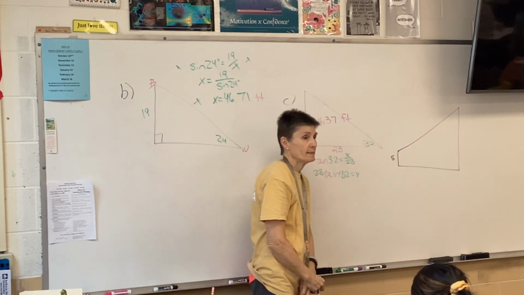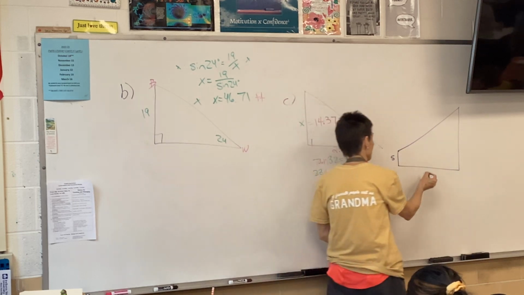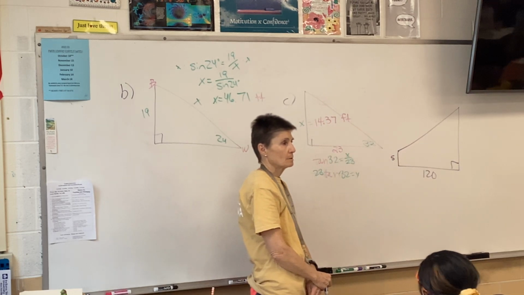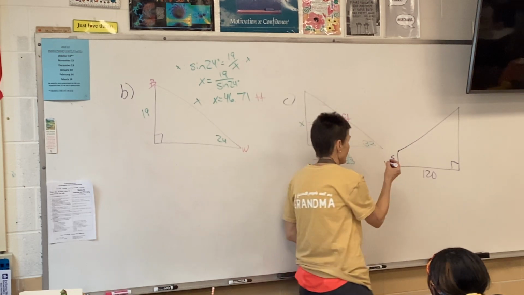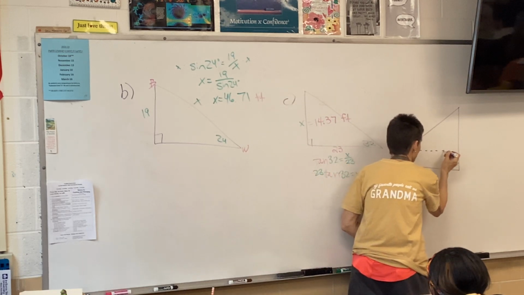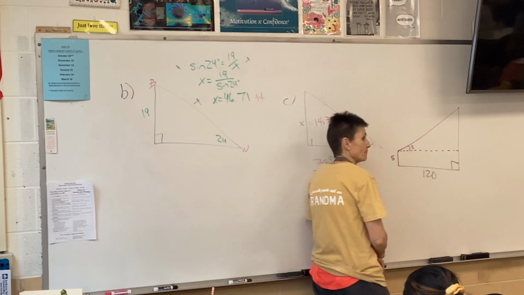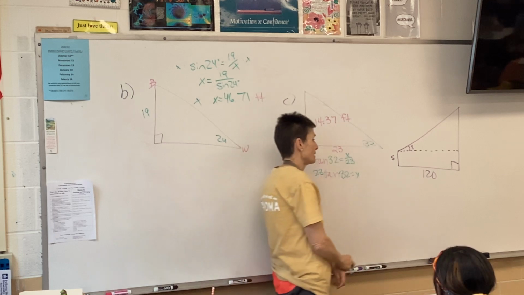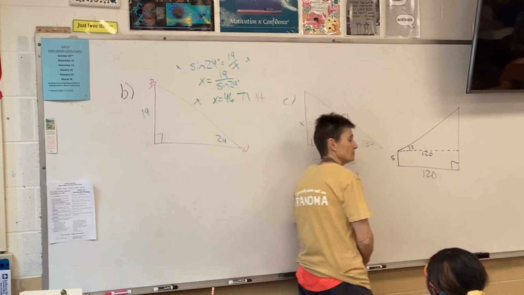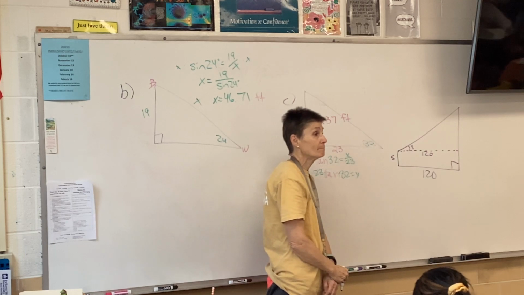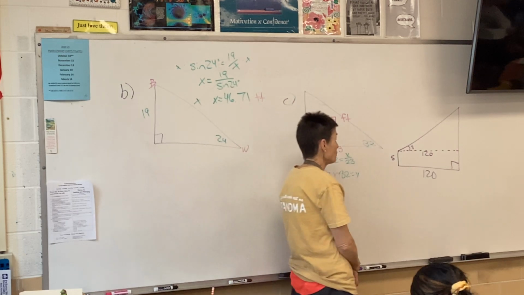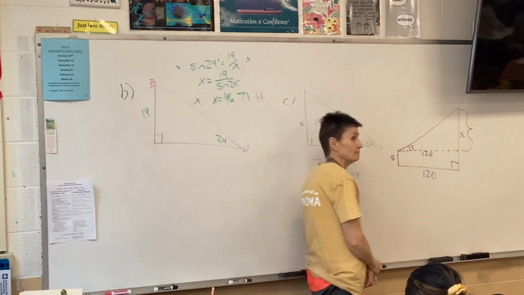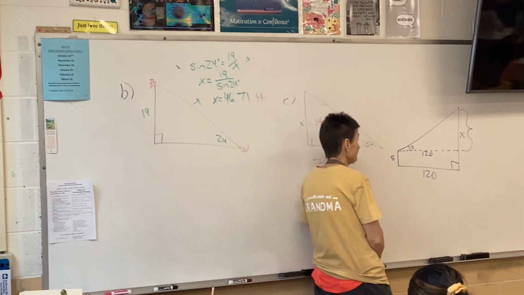Where does 120 go? So this is 120. Here's the tree. Where does the 8 go? Like that. Remember, it's measured with the horizontal. So isn't this the 8? Yes. And that dashed line I just drew in, isn't that dashed line 120? Yeah. So, can I find this X right here? Yeah. Using what function?